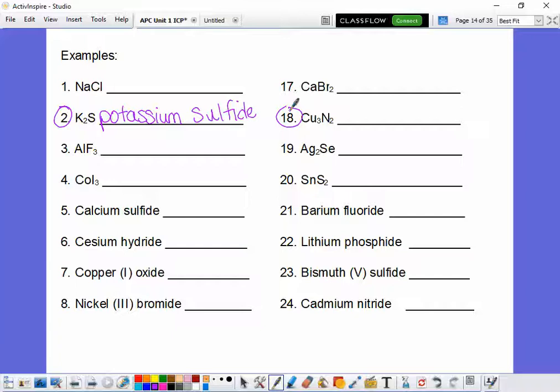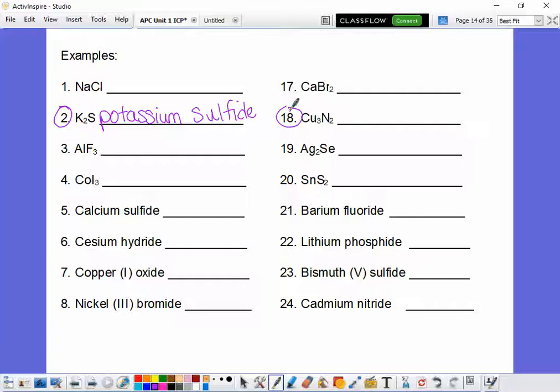The exceptions to transition metals that don't need a Roman numeral are zinc, cadmium, and silver. Zinc and cadmium are always +2, and silver is always +1. And then within the P block, the two metals that will always get a Roman numeral are tin and lead. The other ones, either they don't get a Roman numeral or we just don't use them. Like bismuth, we don't really deal with that one, okay?